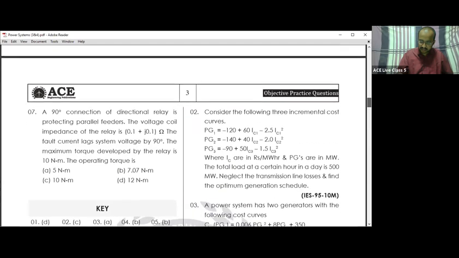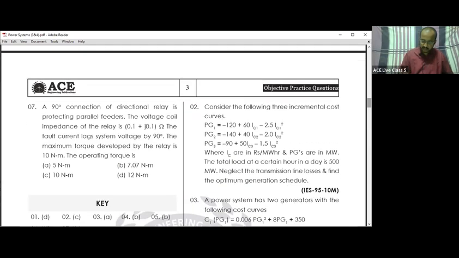Now let us go for this second problem. Observe what he has given. The following three incremental cost curves are given: PG1, PG2, PG3 values in terms of incremental cost.